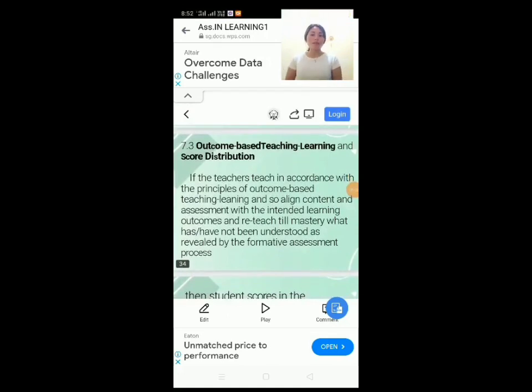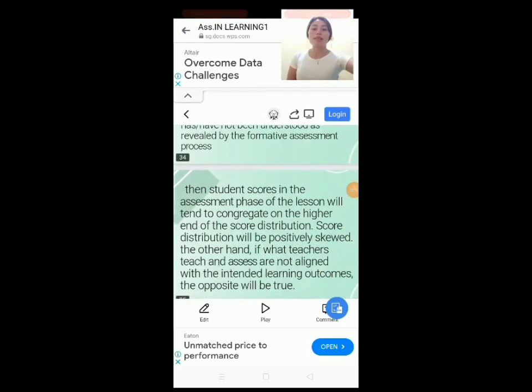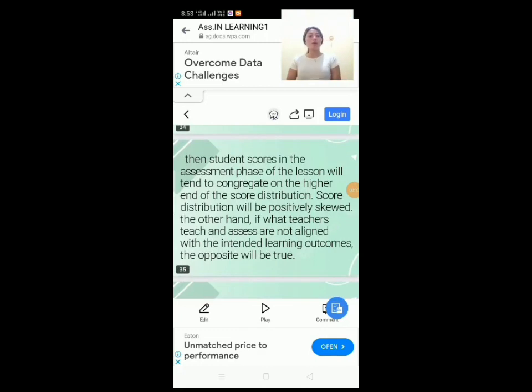So, outcome-based teaching, learning, and score distribution. If the teachers teach in accordance with the principles of outcome-based teaching and learning, and so align content and assessment with the intended learning outcomes, and we teach to mastery what has or has not been understood as revealed by the formative assessment process, then student scores in the assessment phase of the lesson will tend to congregate on the higher end of the score distribution.